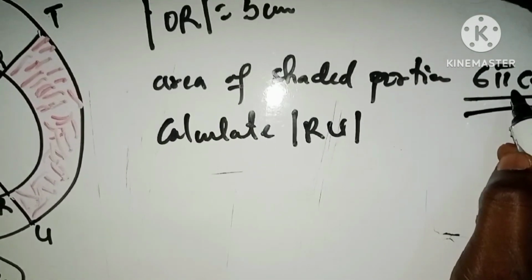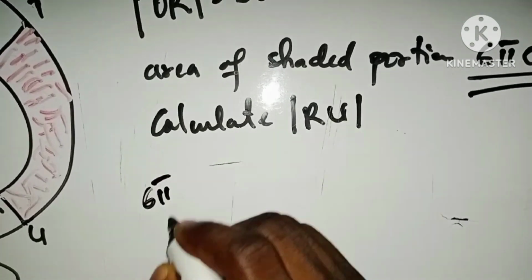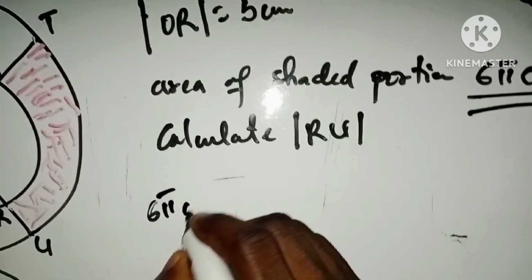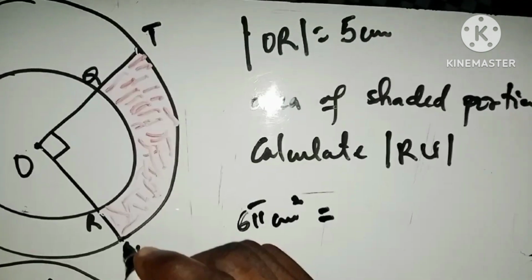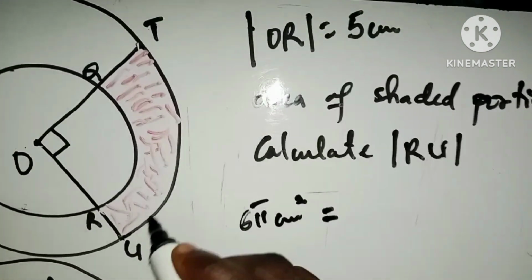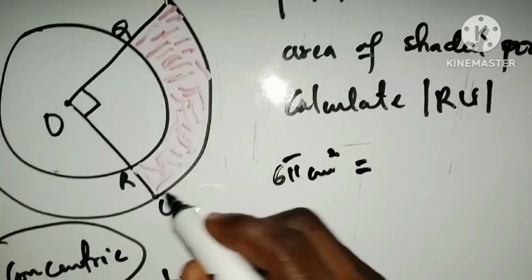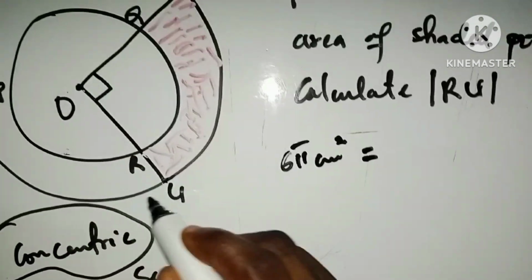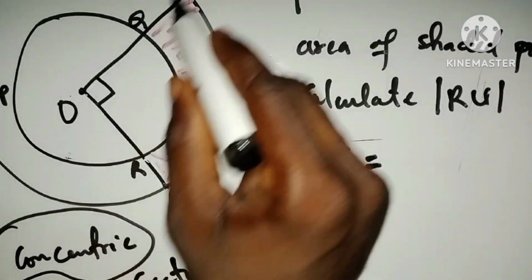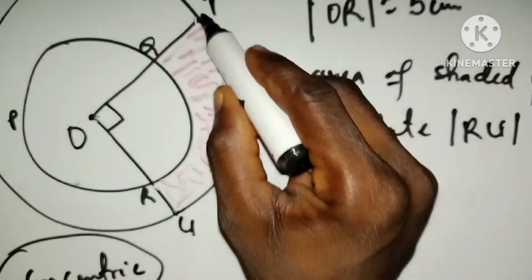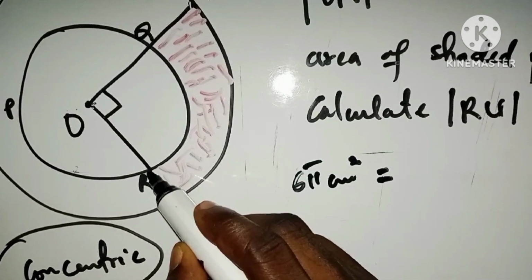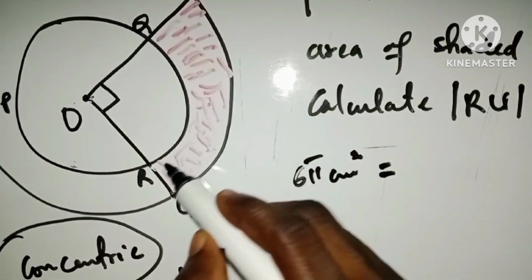The area of the shaded portion, 6π square centimeters, is going to be the area of the bigger shape minus the smaller one. The bigger shape here is the sector UOT, that's going to be the big one, and ROQ, that's going to be the small sector.